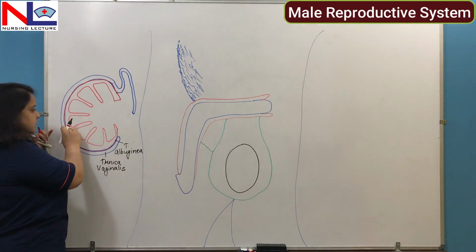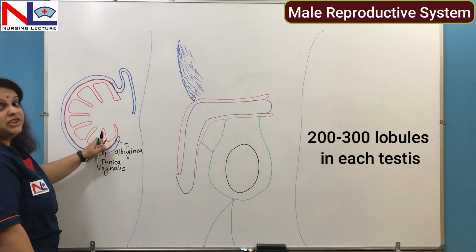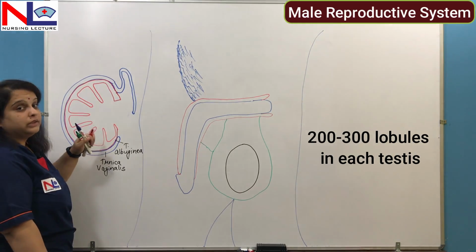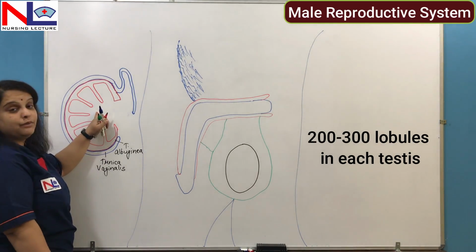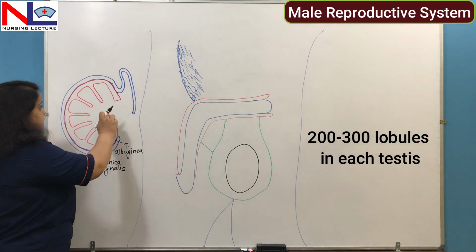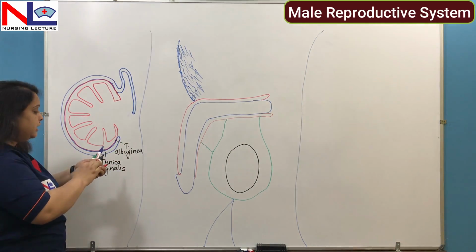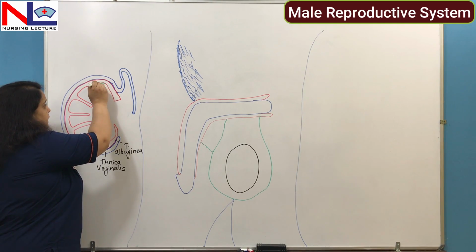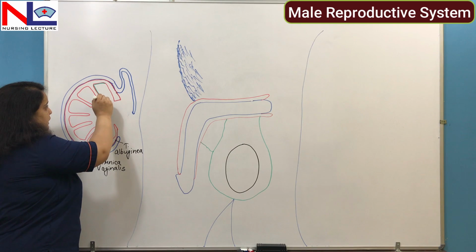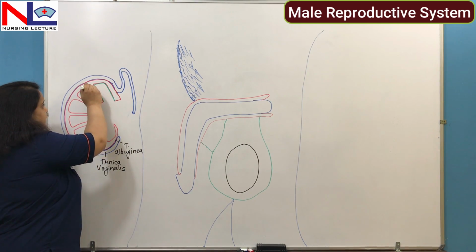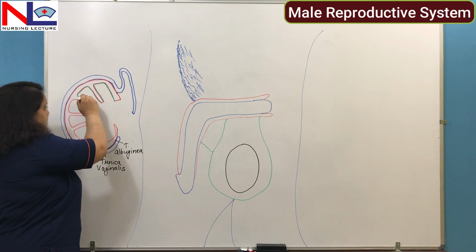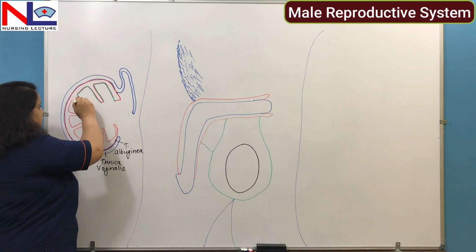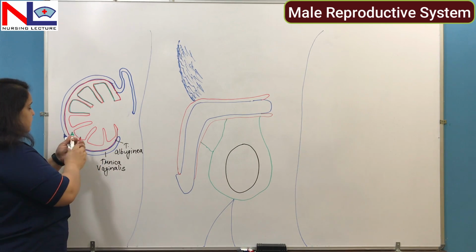In each testis around 200 to 300 lobules are present, and the innermost lining of the testis, which lines the inner aspect of the lobule, is called the tunica vasculosa. Not drawing in all.